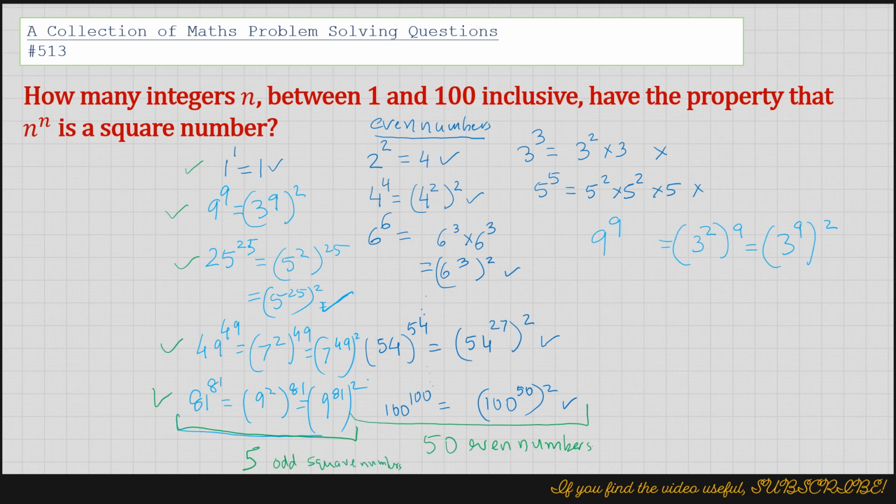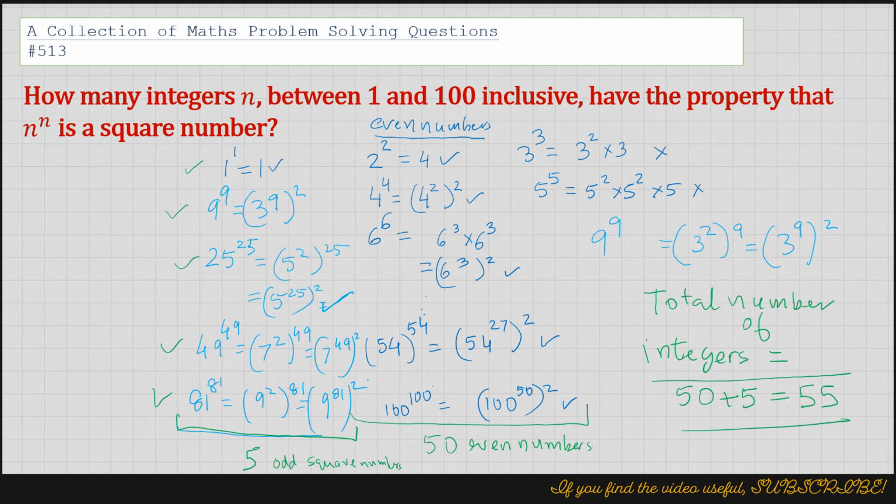So the total number of integers would be 50 plus 5, and that is 55. So the answer to how many integers is 55.